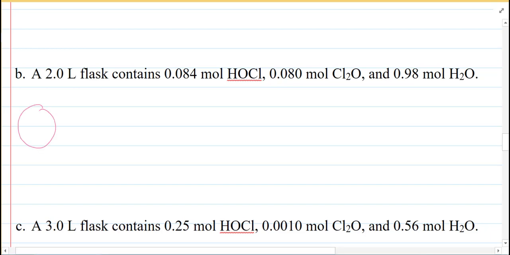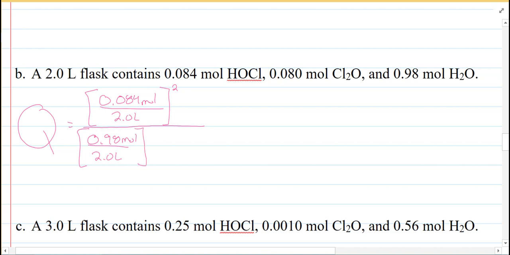So I got Q equals HOCl, which is 0.084 moles in 2.0 liters, and that's squared, divided by 0.98 moles of water in 2.0 liters and 0.080 moles in 2 liters.